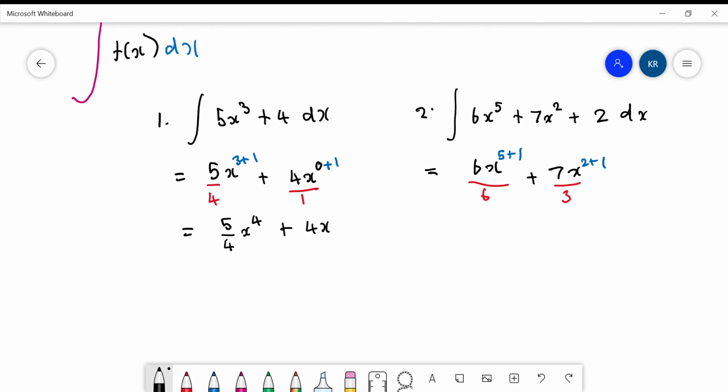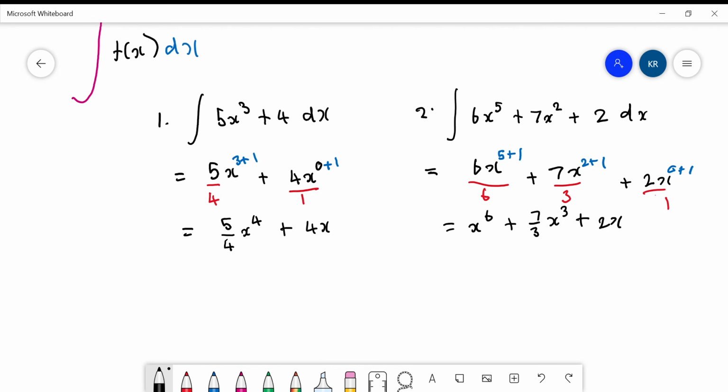Then again same thing, plus 2x to the power of 0. Since 2 is by itself, it's 2x to the power of 0. So we add 1 to the power, so 0 plus 1, divided by the new power, which is 1. And then we get x to the power of 6 plus 7 over 3 x cubed plus 2x.